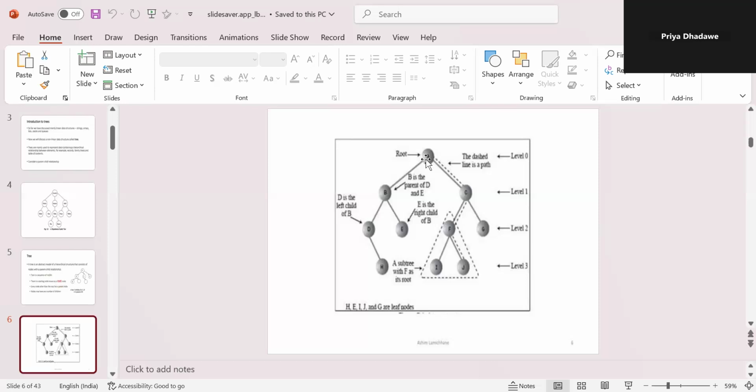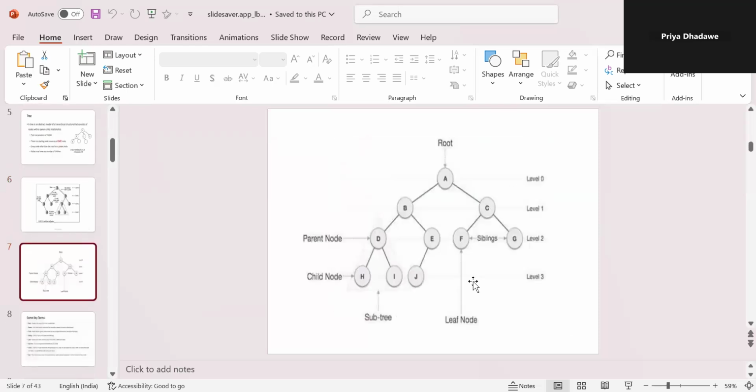The root node is at level 0 of a tree. The nodes that are connected to the root node are at level 1 and so on. The levels keep increasing as the tree grows further.